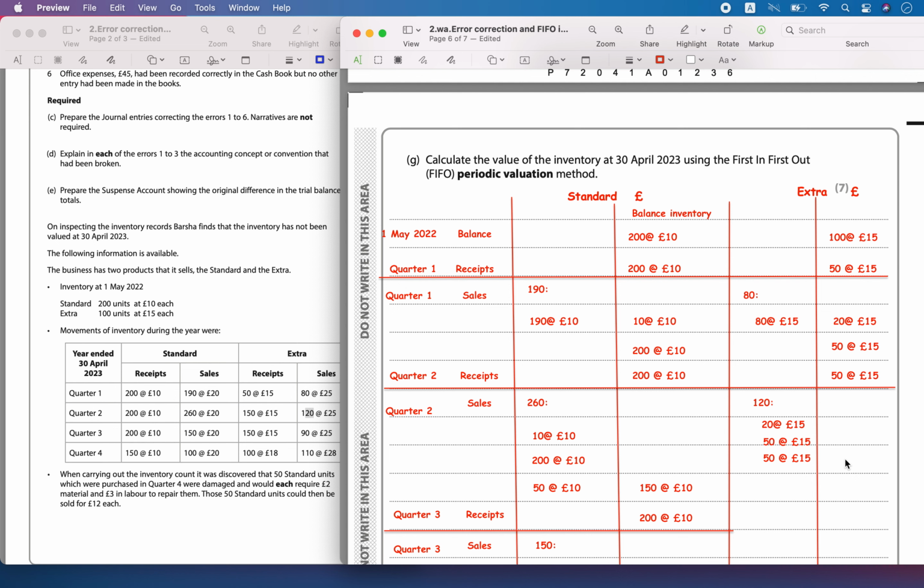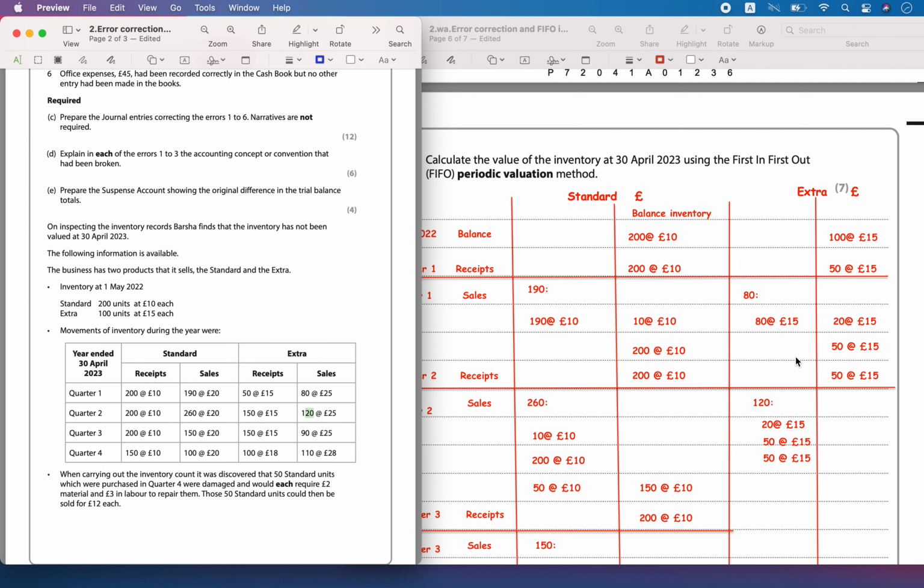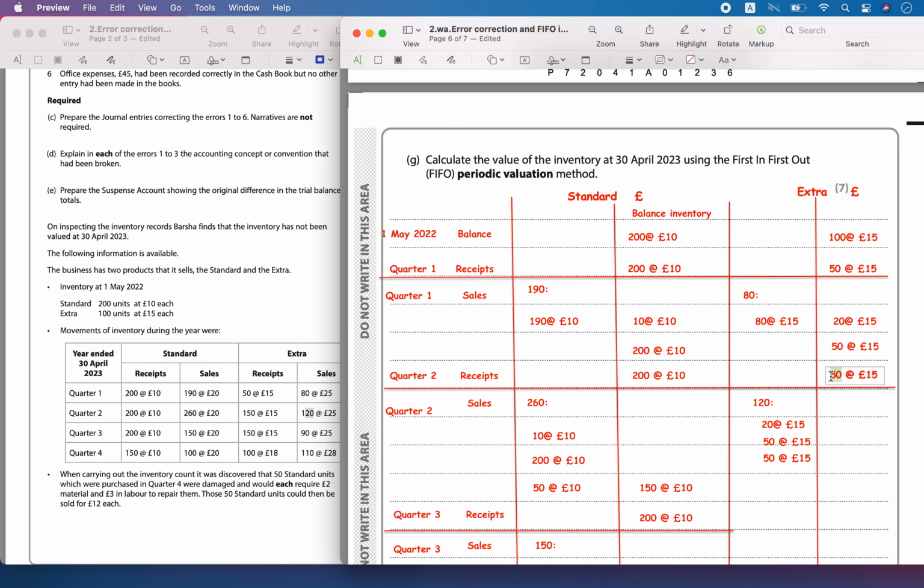Which means that from the 150 at 15 pounds, after issuing, you will be left with 100 at 15 pounds. So let's write that, 100 at 15 pounds.